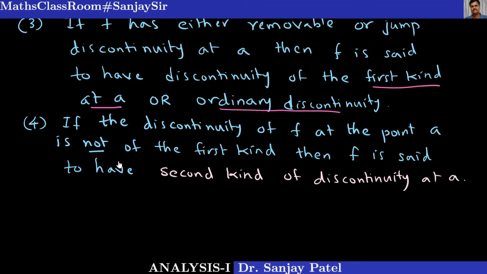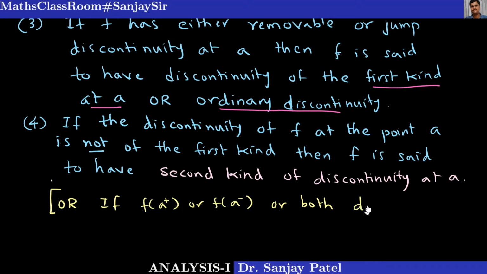This I can also write in a different form: if f of a plus or f of a minus or both do not exist. In simple language, if one of these or both do not exist, then f has second kind of discontinuity.